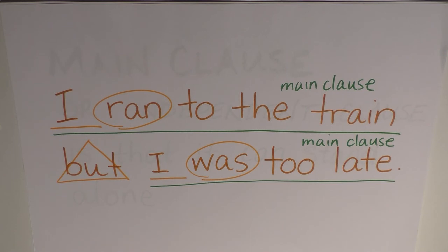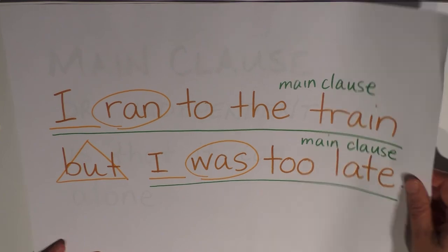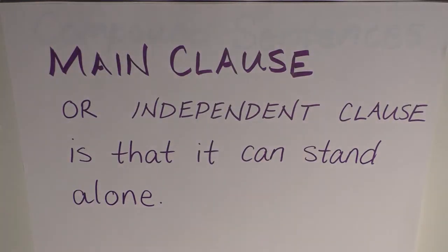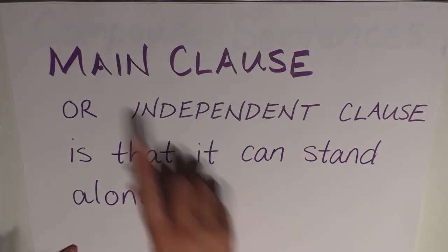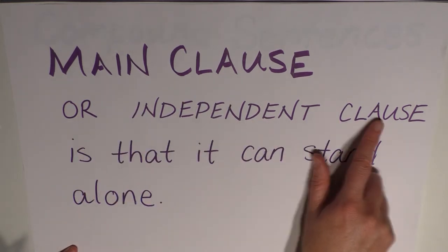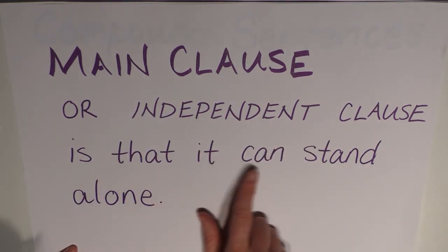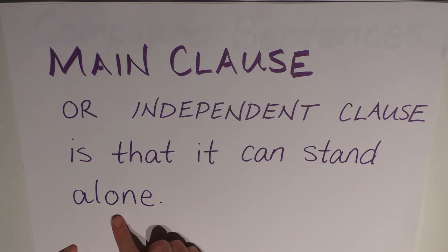So they can equally be written as separate sentences, and the conjunction in between them merely helps to determine the relationship between them. Therefore, if we were to look at the definition of a main clause, we would have the following thing. A main clause or independent clause is one that can stand alone.